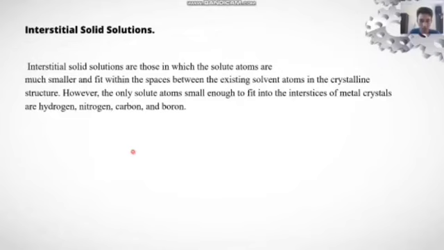However, the only solute atoms small enough to fit into the interstices of metal crystals are hydrogen, nitrogen, carbon, and boron. The other small diameter atoms, such as oxygen, tend to form compounds with metals rather than dissolve in them.